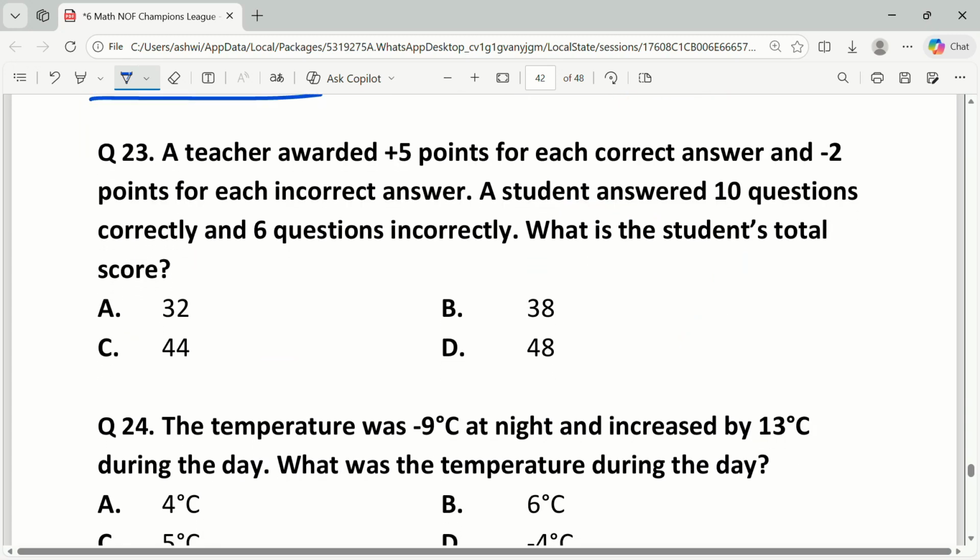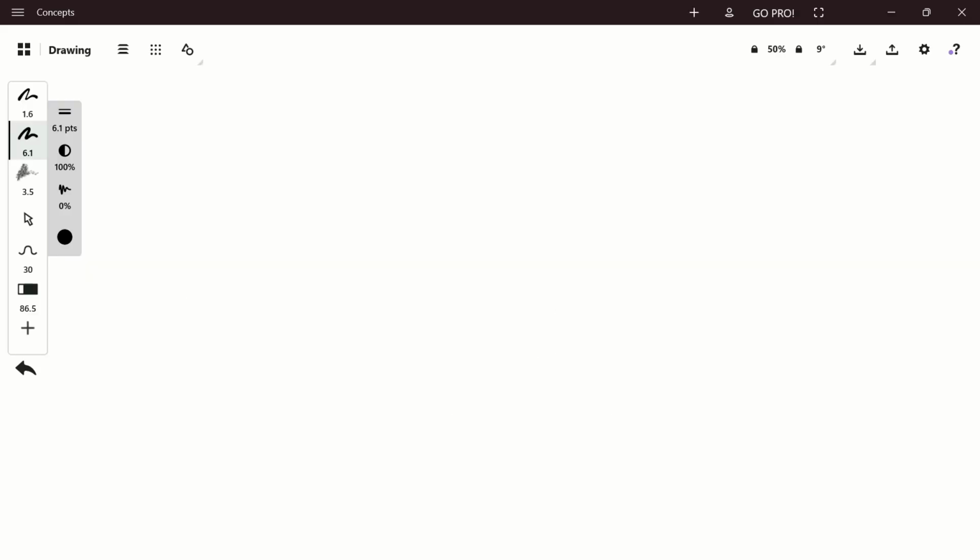Question 23. A teacher awarded plus 5 points for each correct answer and minus 2 points for each incorrect answer. A student answered 10 questions correctly and 6 questions incorrectly. What is the student's total score? Points for correct answers is 10 into 5, which is equal to 50 points.